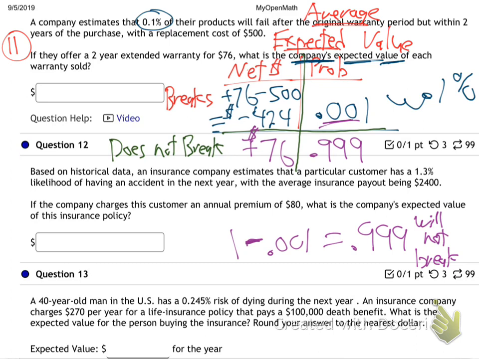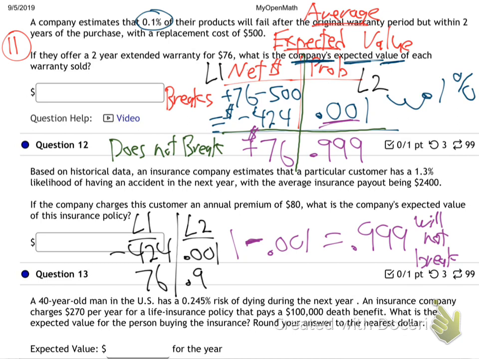So this is L1, and this side is L2. I'll write it over here. So L1, put in minus 424 and plus 76. L2, put in 0.001 and 0.999. So put that in L1 and L2 in your TI-83/84 calculator.